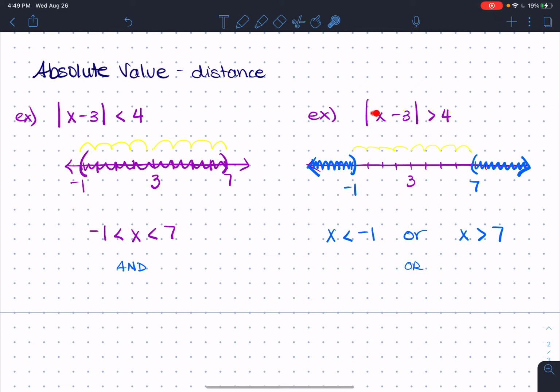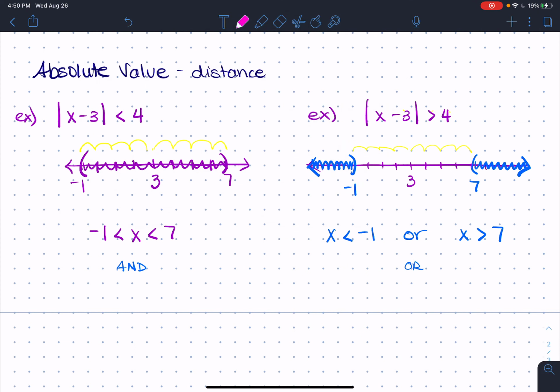Once your absolute value is isolated, if it's a less than symbol, think less than. It's going to be an and problem. If it's a greater than symbol, you're going to think greater, and it's an or problem.